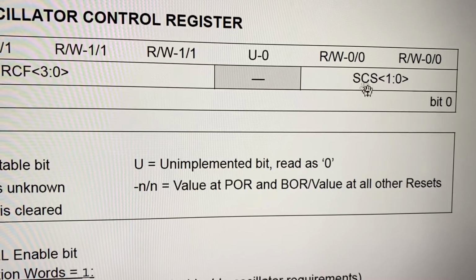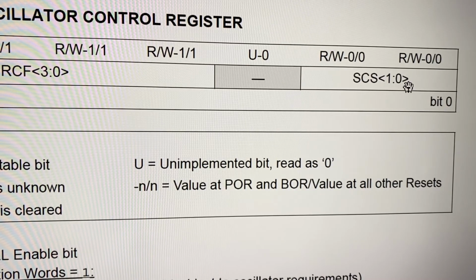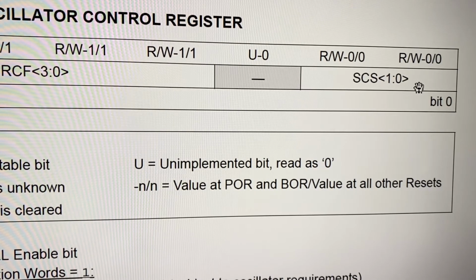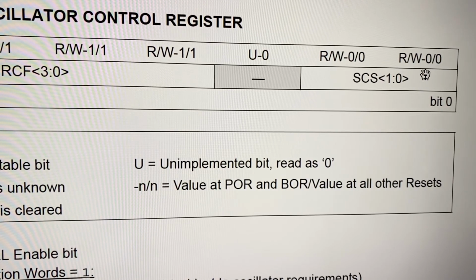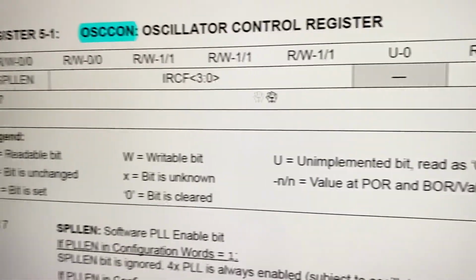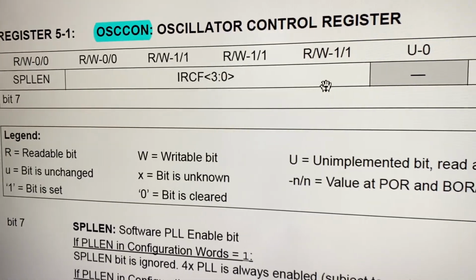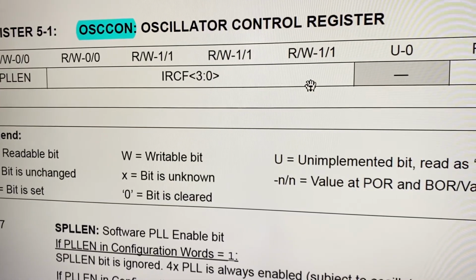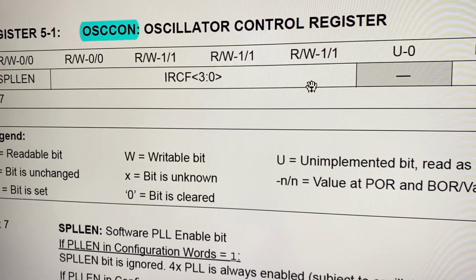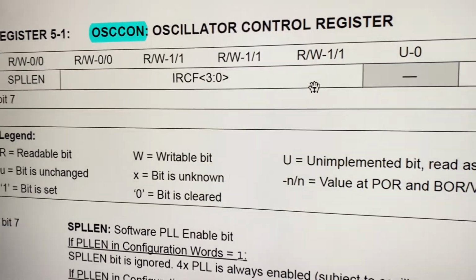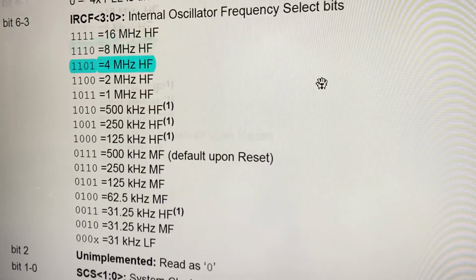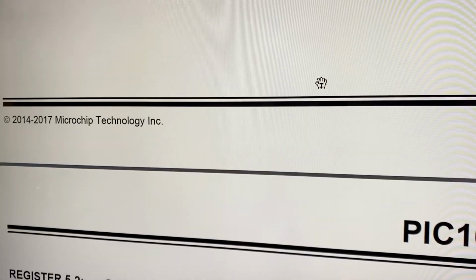So you put a 1 here, and for the x you can select a 0 or a 1, because the x is don't care. So 1 0 will be your combination, and 1101 will be your code to work at 4 megahertz. That's something we don't have to forget, because we will use it when we get into programming the microcontroller clock.